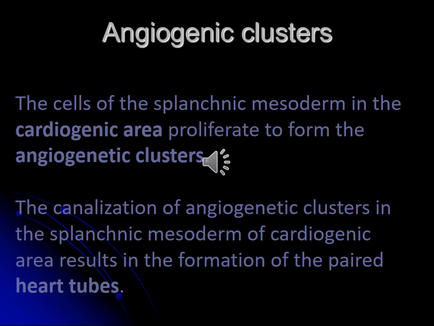So, the mesoderm is divided into two types. The one destined to form the viscera is called splanchnopleuric mesoderm. Splanchnos means viscera, and the other one which forms a part of the body wall is somatopleuric mesoderm, and there is a cardiogenic area at the cranialmost part of the embryo.